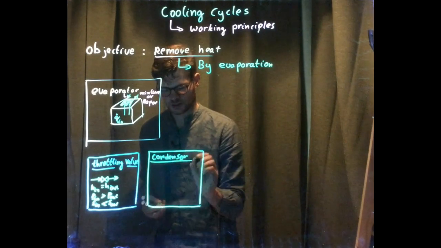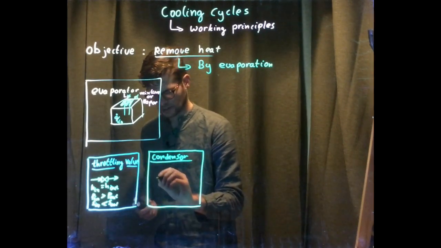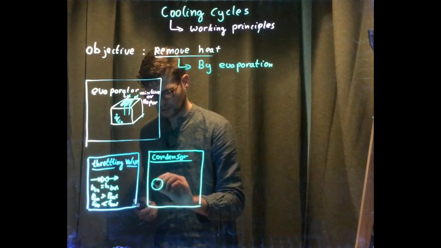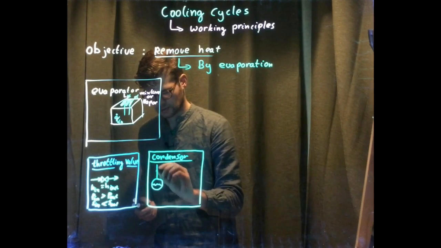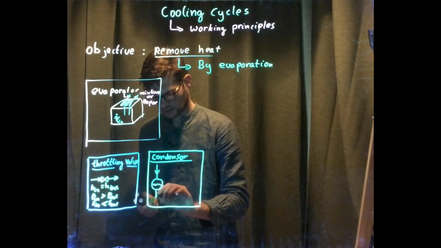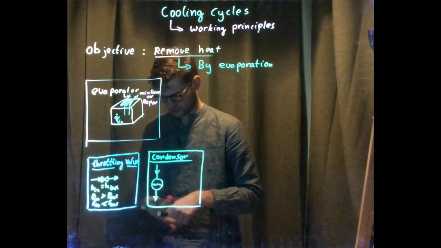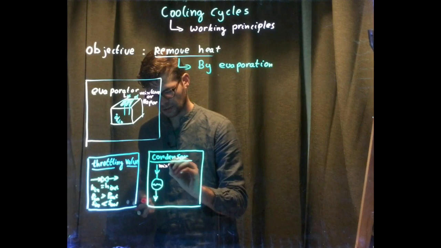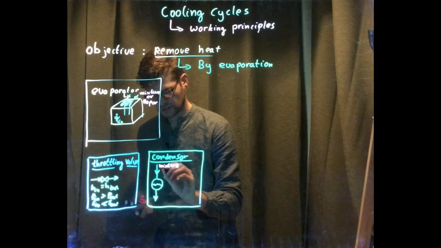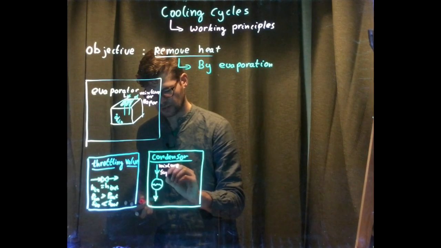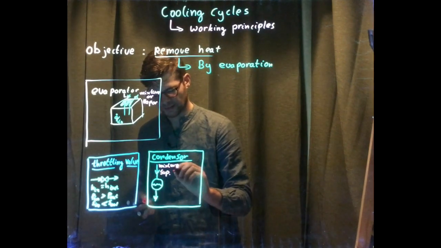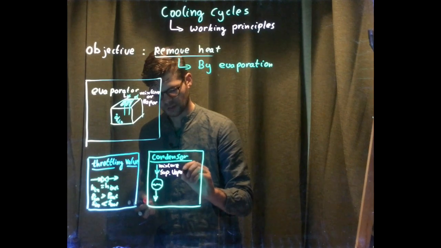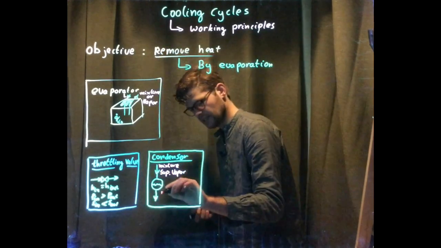Condenser. And the condenser looks like this. Flow goes in, flow goes out. And here we've got a mixture, or even a superheated vapor, and out comes a liquid.